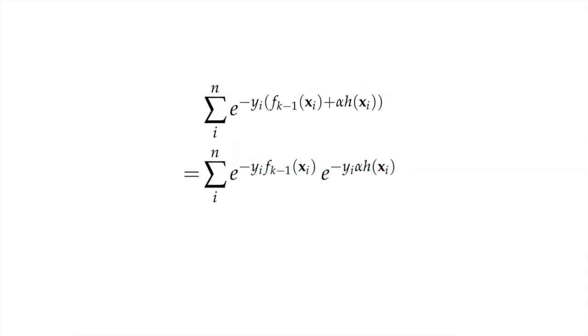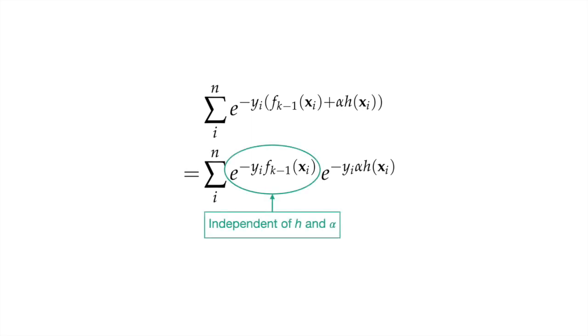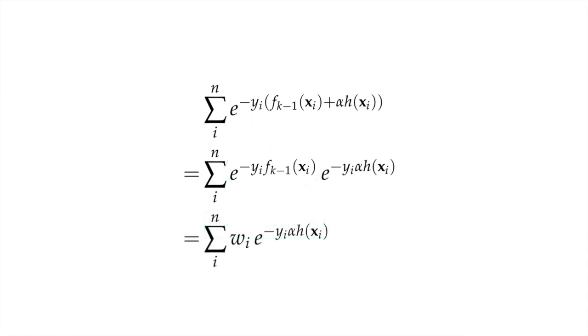The first of these 2 factors doesn't depend on h and alpha. Consequently, we can treat it as a set of constants with respect to the minimization at hand. There's a separate one of these for each of the training samples. We can conceptualize them as importances or weights applied to those samples, calculated like this.